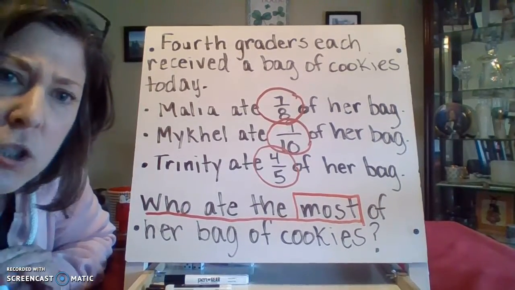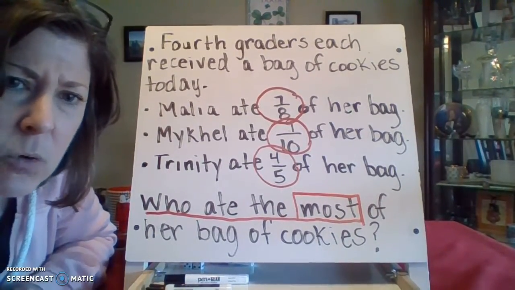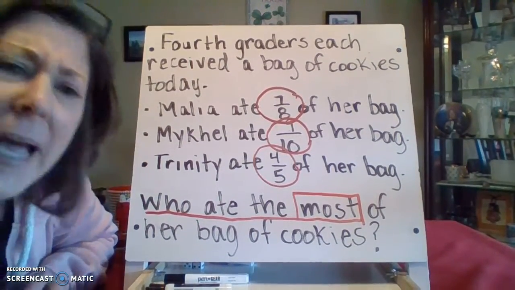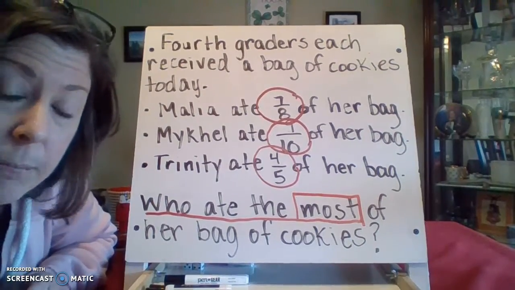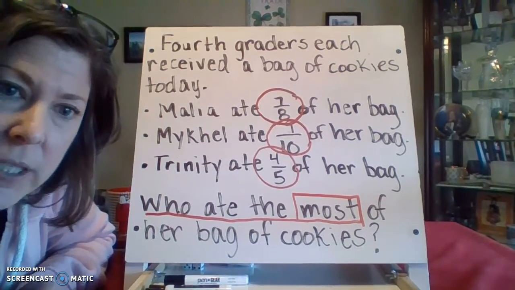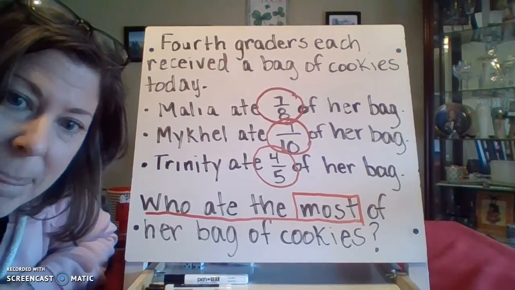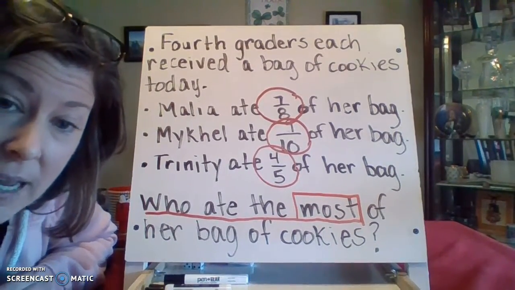So if I'm trying to figure out who ate the most or who ate the least, what math concept am I working with? I'm working with comparing, and I have to compare fractions. The thing with these fractions is that they do not have a common denominator.